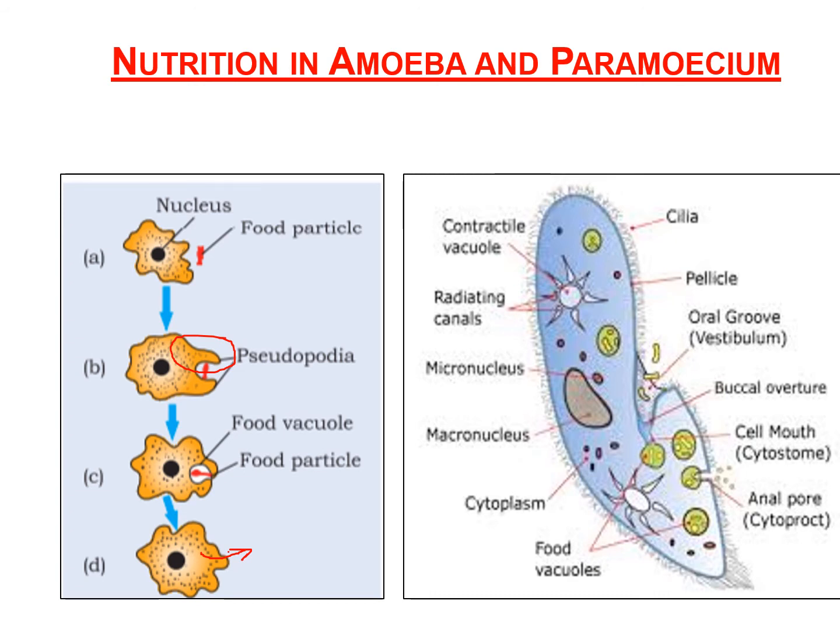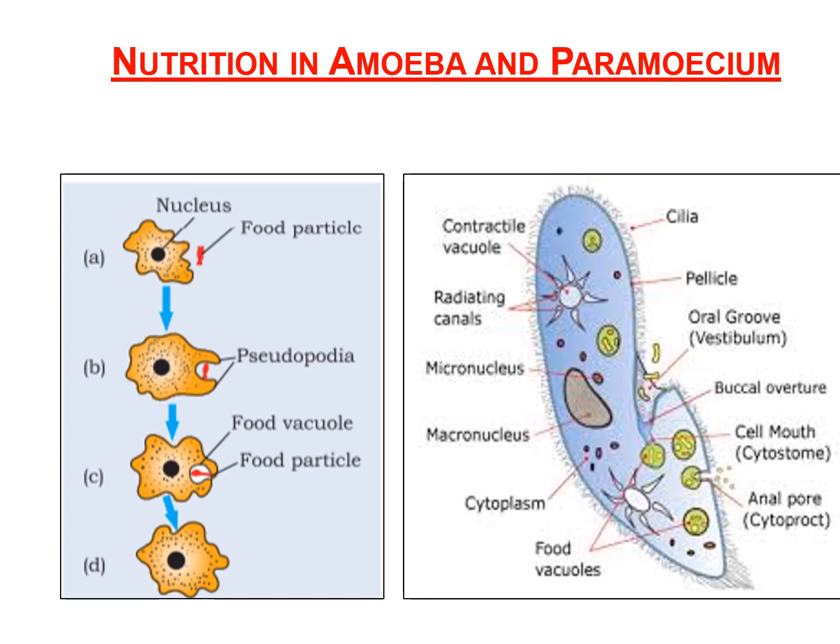But paramecium has a definite shape and cilia, these thread-like structures all over the body, which help in pushing the food particle through to this oral groove. Once the food enters into the body, the food is digested inside. It is broken down into simpler substances. The undigested food and the waste particles are then thrown out through this anal pore.